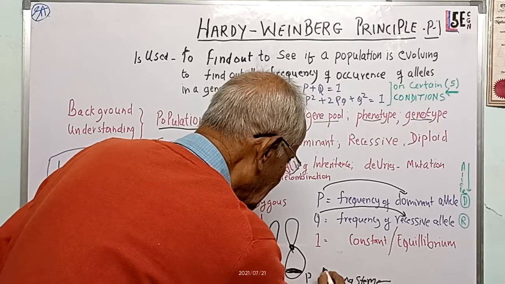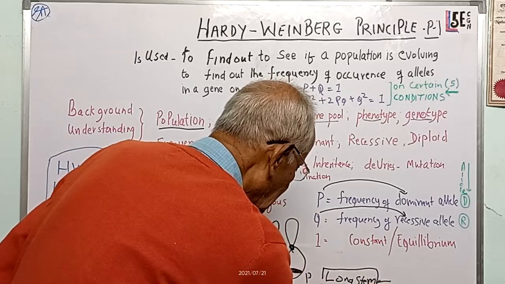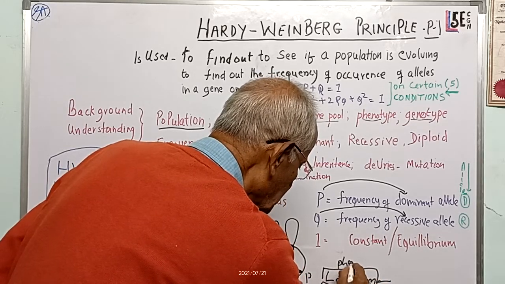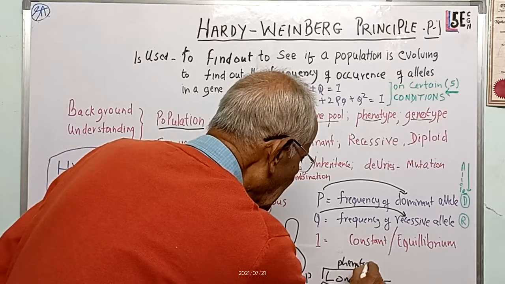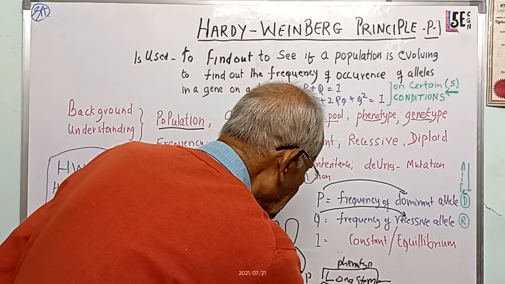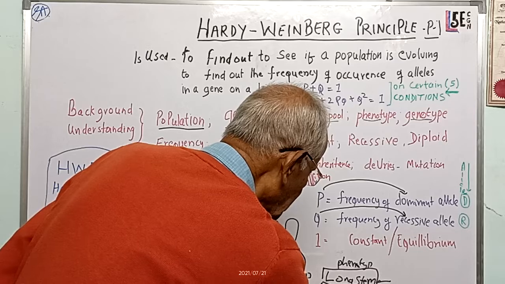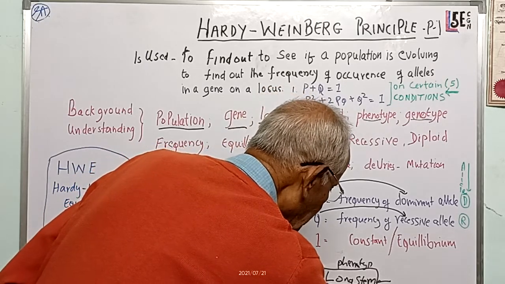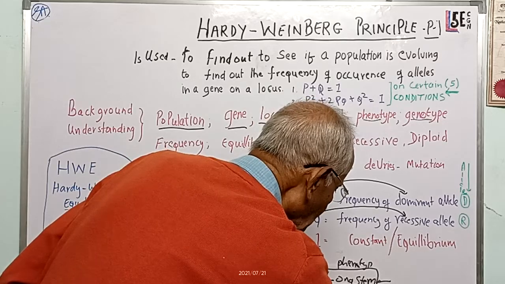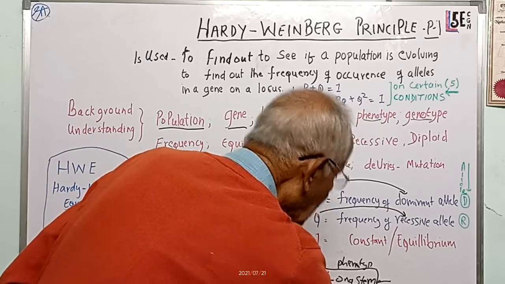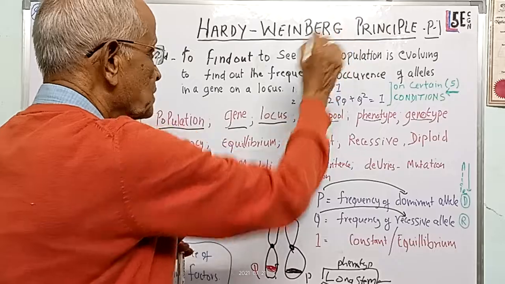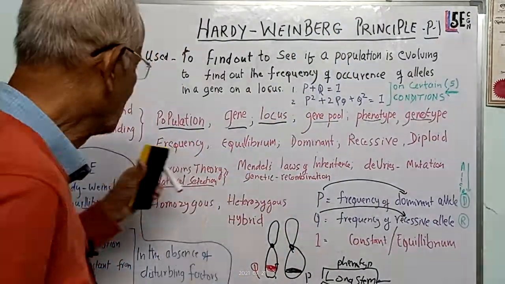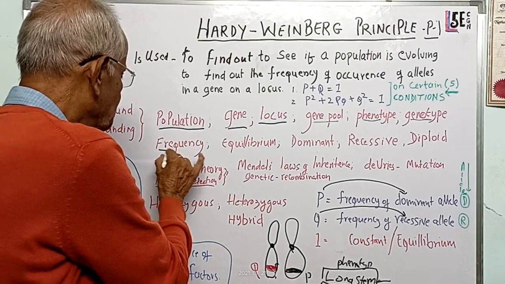That will explain the long stem. And long stem refers to a phenotype, what we see, and what is the composition of the genes is called the genotype. So this you should know when you want to understand the consequences of the Hardy-Weinberg principle.